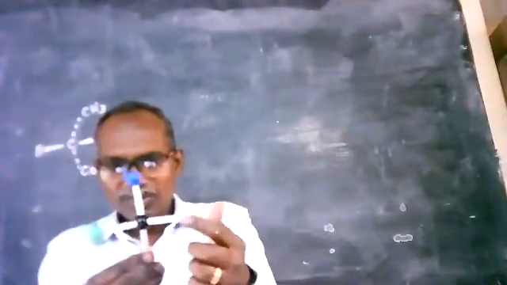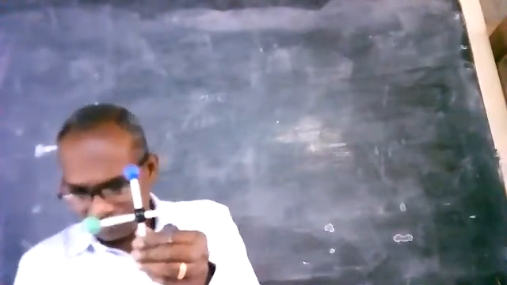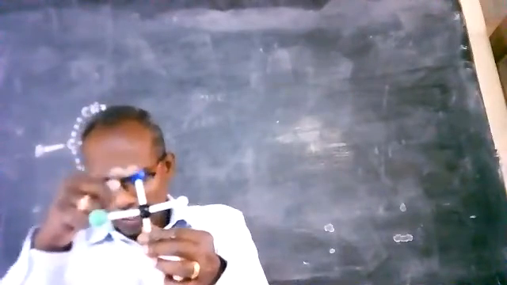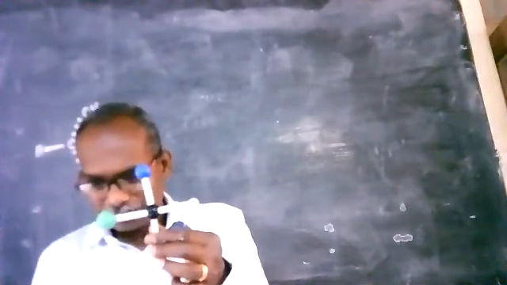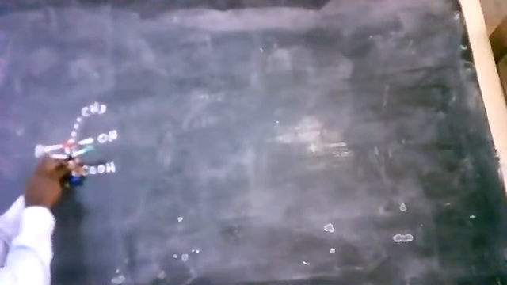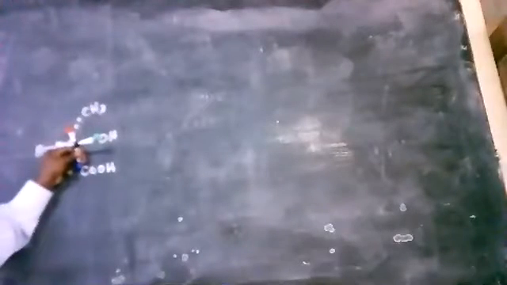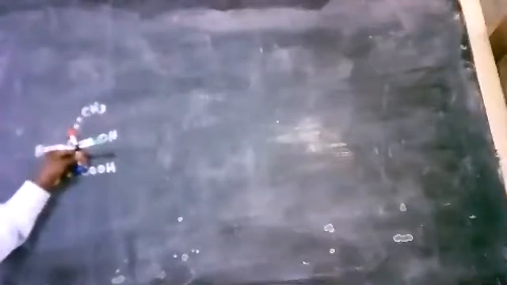So the green and the white are towards the viewer. The blue and red are away from the viewer. Now look at this molecule. Let me say the white is hydrogen, green is OH, right? Red is CH3, and blue is COOH. I suppose you understand now.